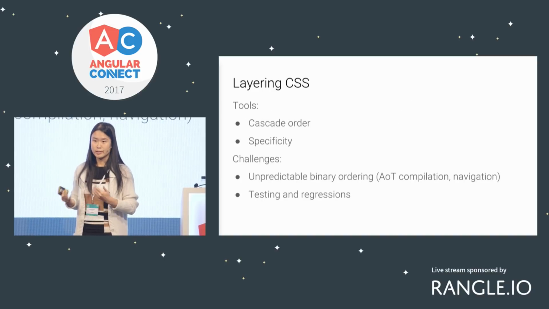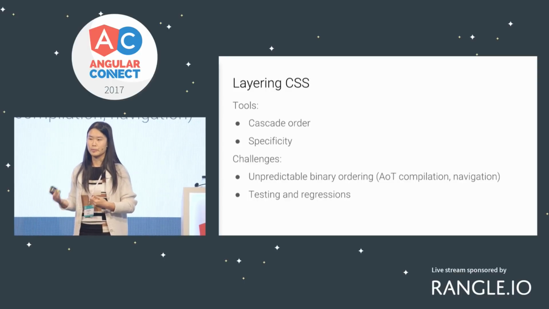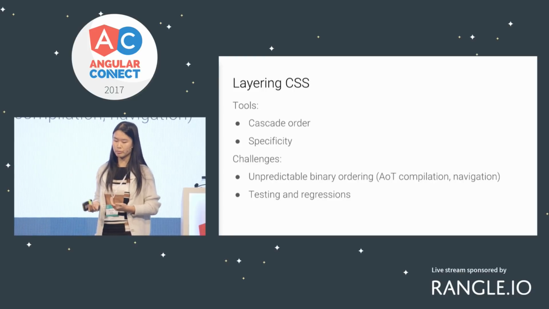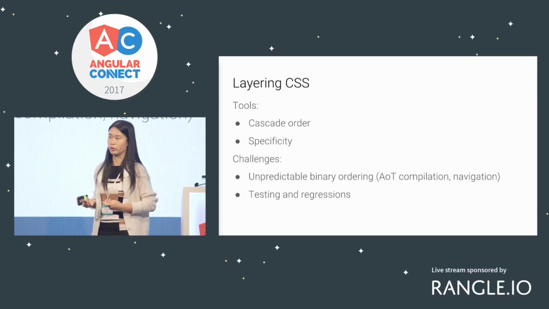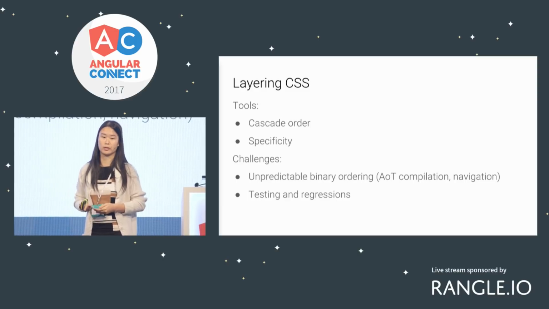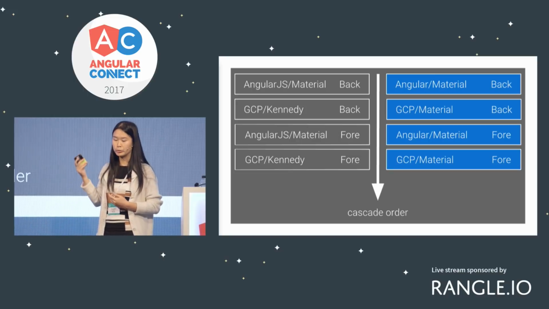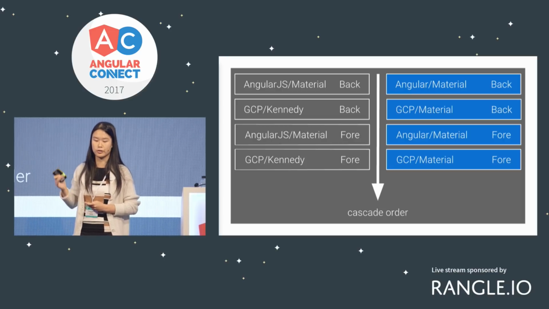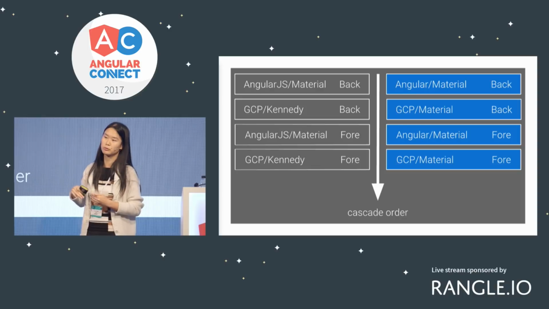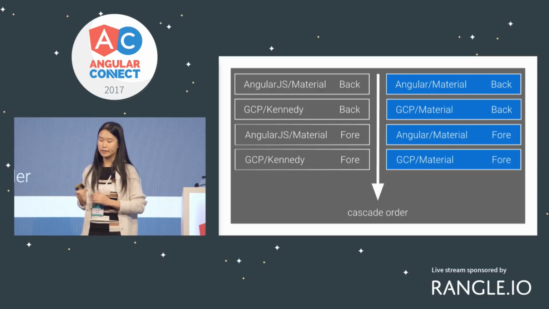The good news is that CSS comes with layering tools. Cascade order is within its name, and specificity is another tool you can use to override other pieces. But the problem is, with Angular's AOT compilation, you get unpredictable binary ordering of your CSS, especially for the foreground. You don't really know what order it's actually going to be in your header. While we would like to have a nice, neat cascade order, where you have the background elements first and the foreground elements after, and you place your own foreground above the external foreground so that you can override it, it doesn't really work that way.